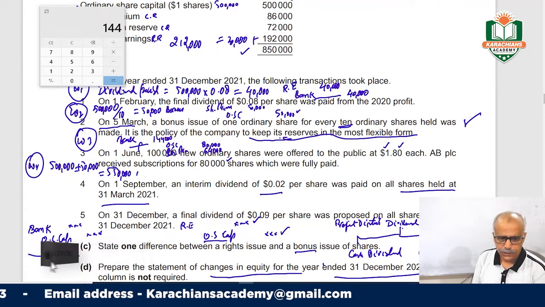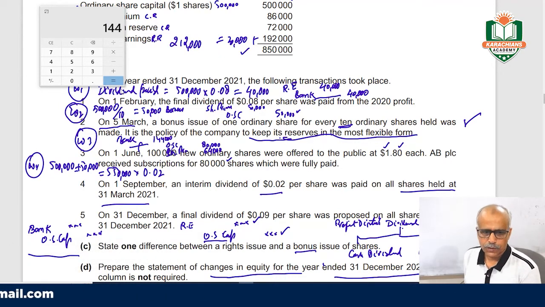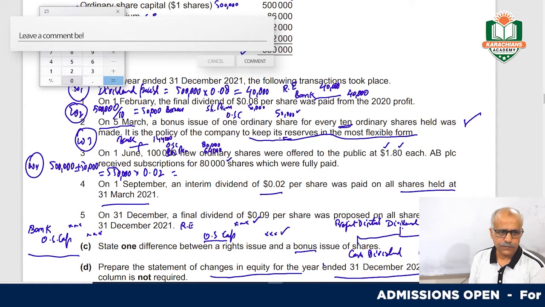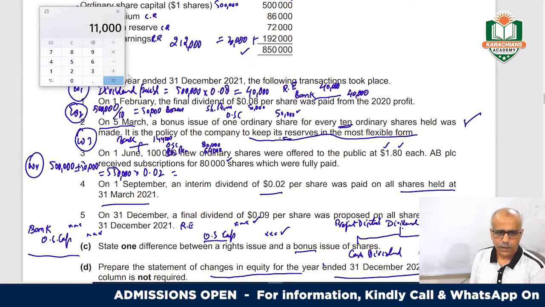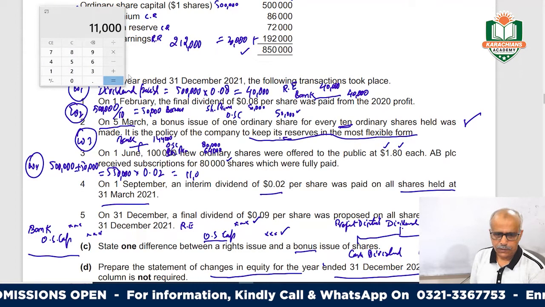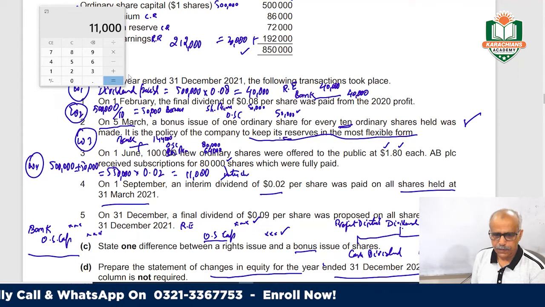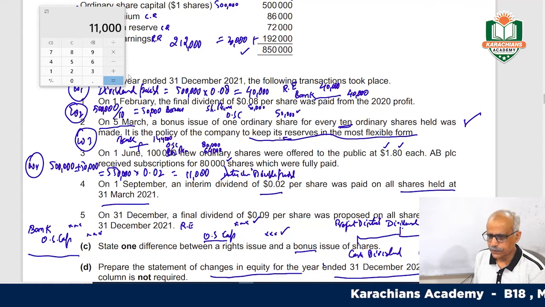550,000 are your shares, and on interim dividend you are paying 0.02. How much will it be? 550,000 into 0.02. This is 11,000. So this is your interim dividend paid. So what will its entry be?